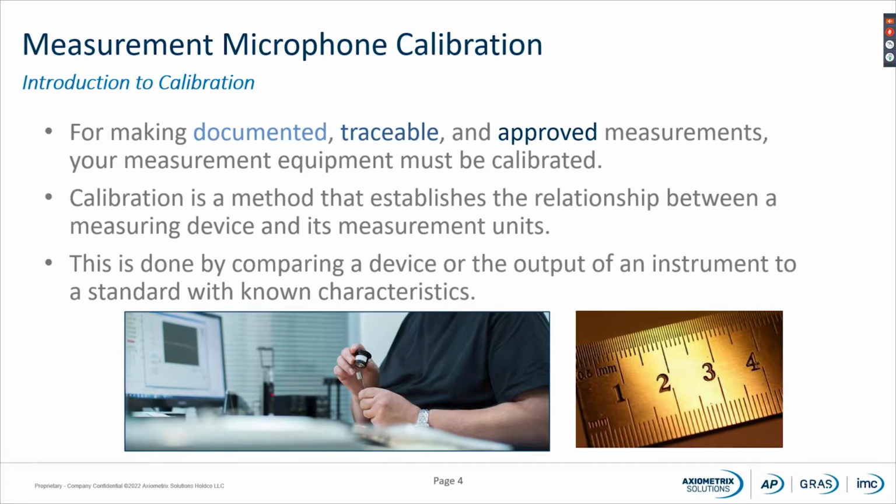So calibration is a method that establishes the relationship between the measurement device and its measurement unit. And this is done by comparing a device or the output of an instrument to a standard with a known characteristic.